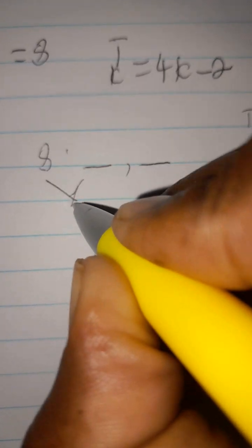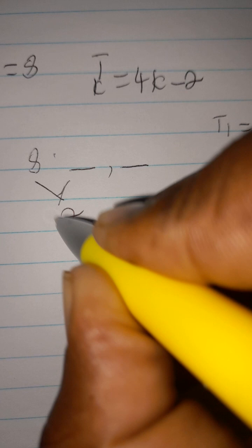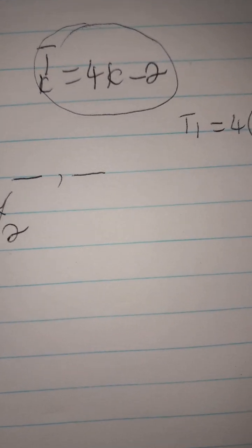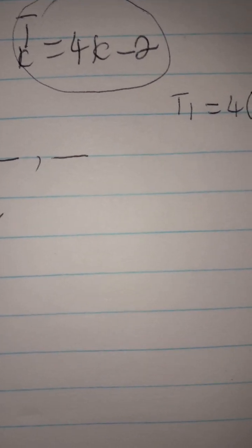Remember, the reason I put it here is because this formula was given as the general term of the first difference of this pattern. It was given as tk equals 4k minus 2.